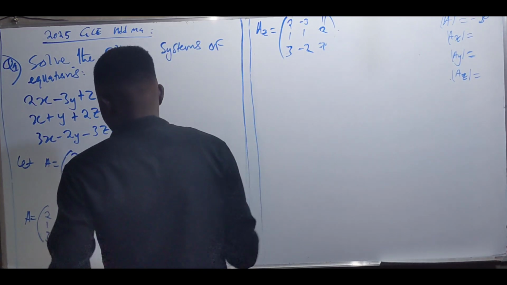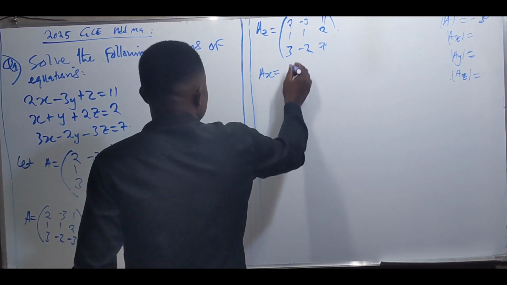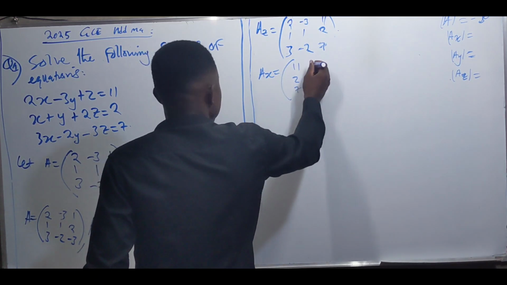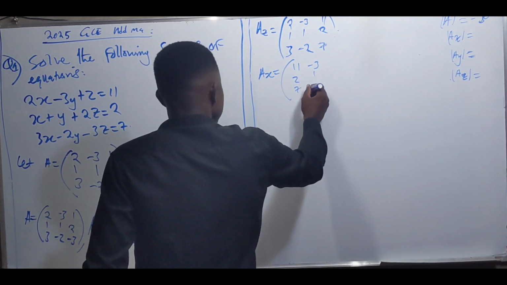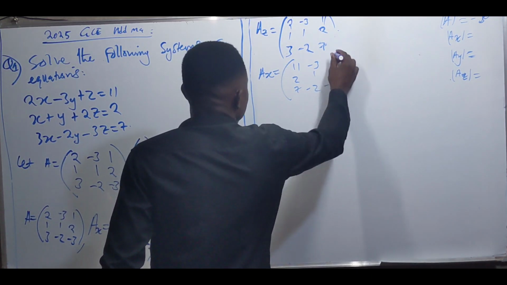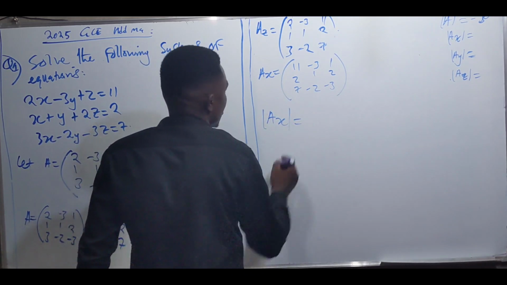So in this case we are dealing with the AX. I'll just write the matrix 11, 2, 7. This is negative 3, this is 1, this is negative 2, this is 1, 2, as well as negative 3. We want to find the determinant.